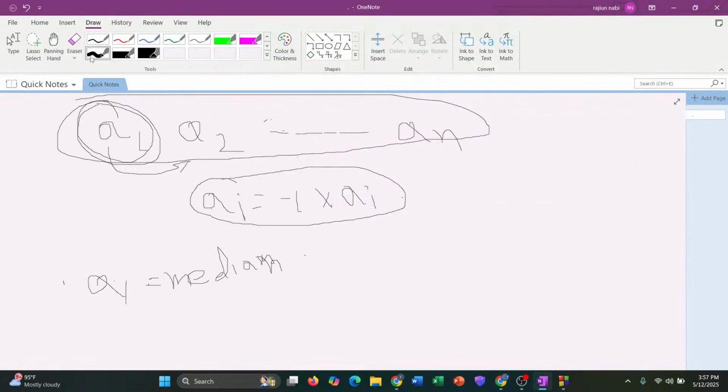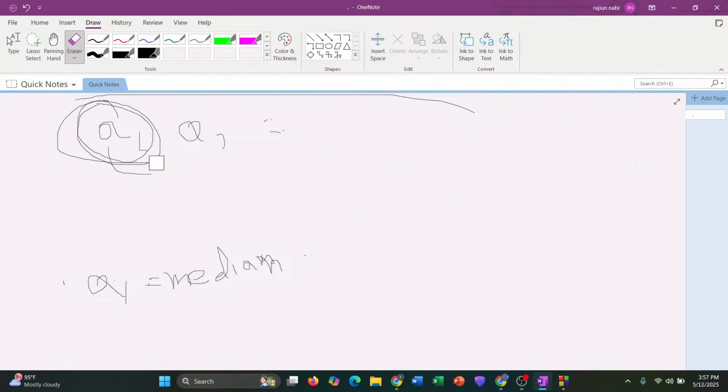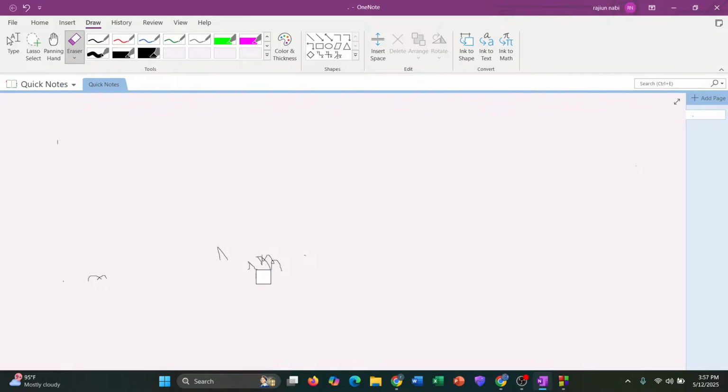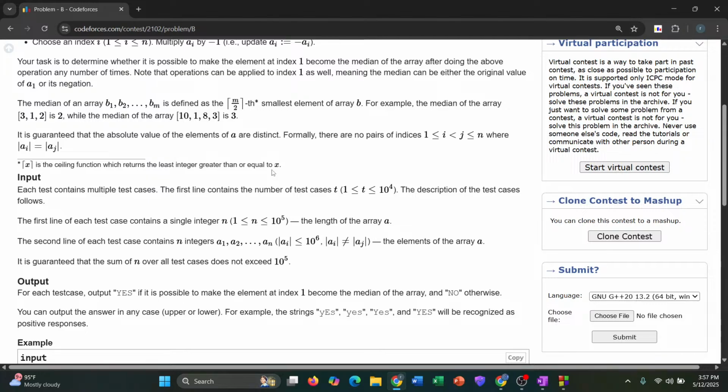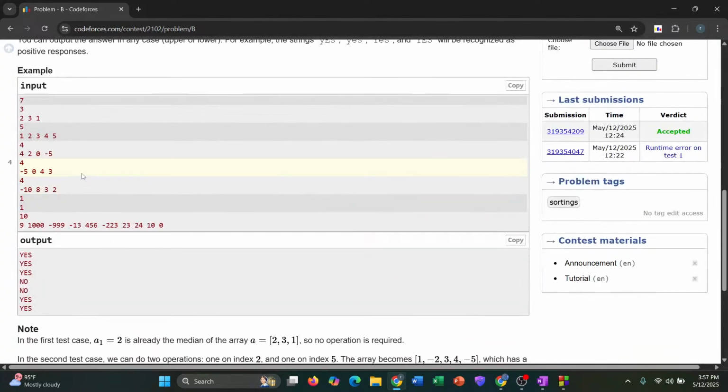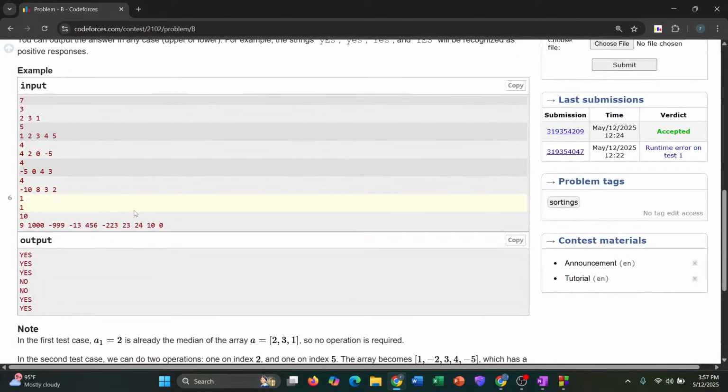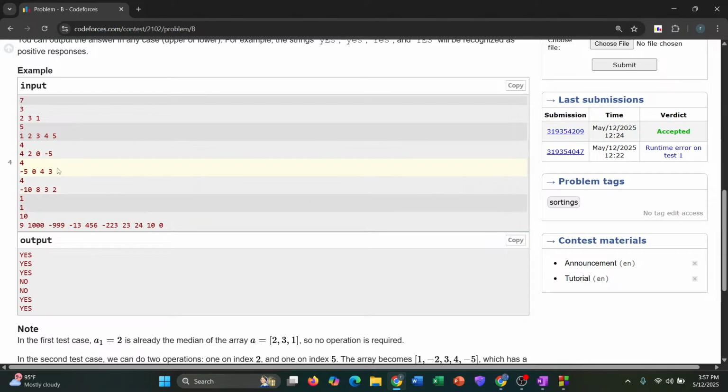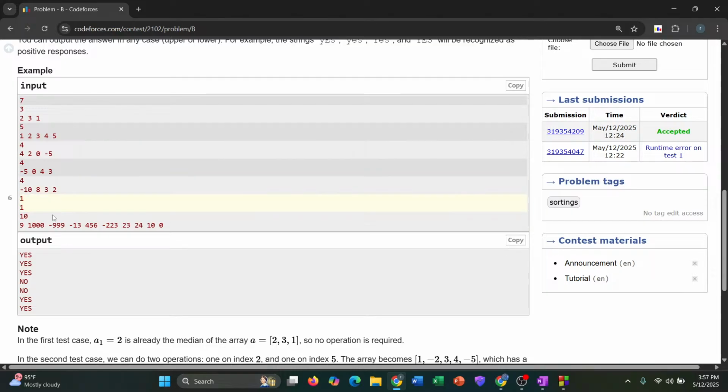Now let me explain how to solve this. If we pick an array from the problem statement, this is yes.